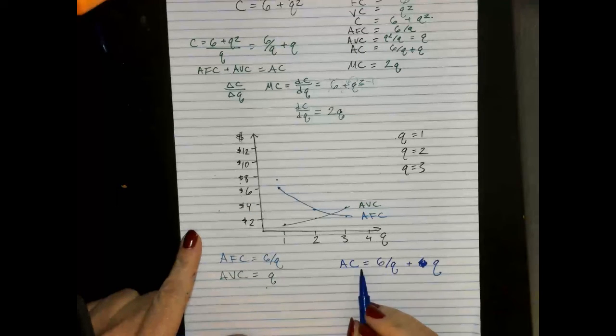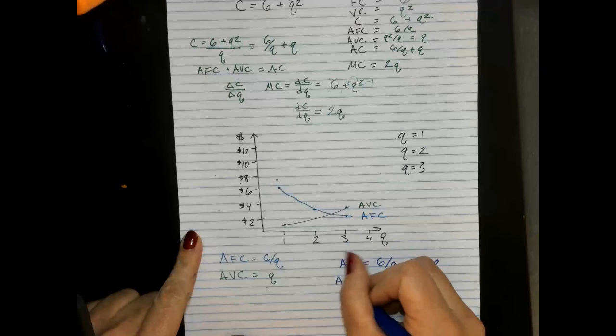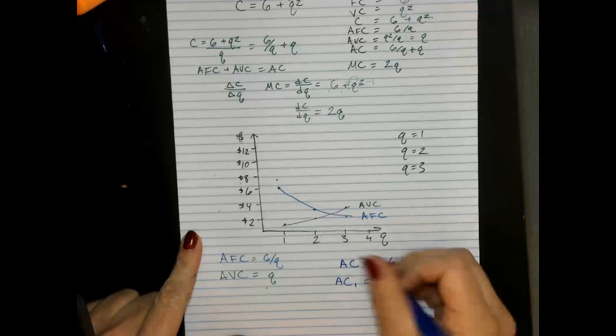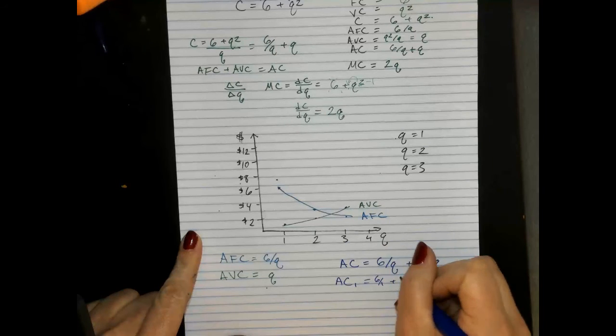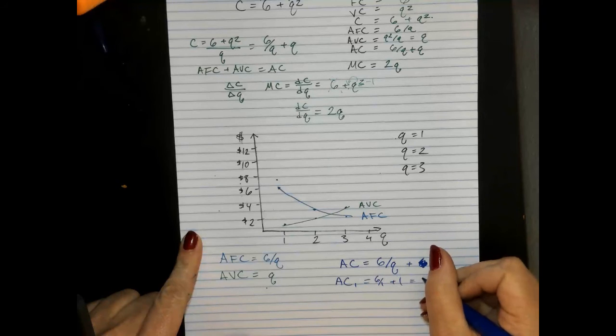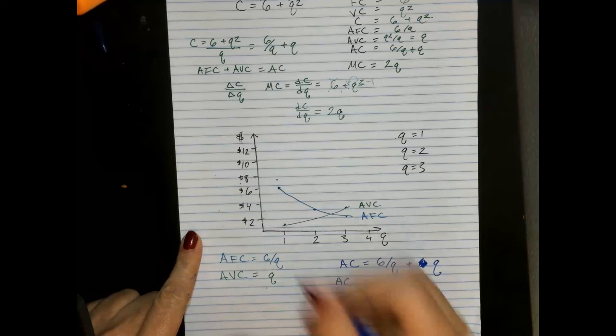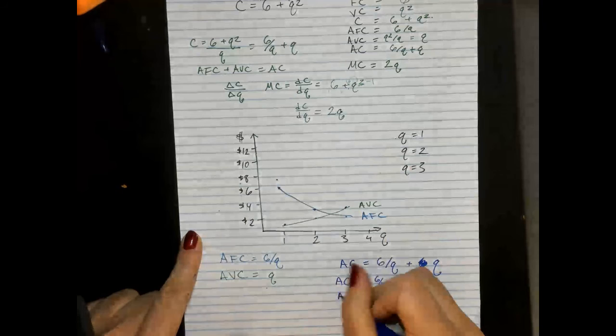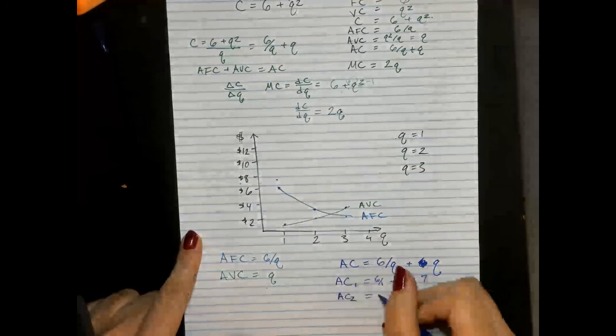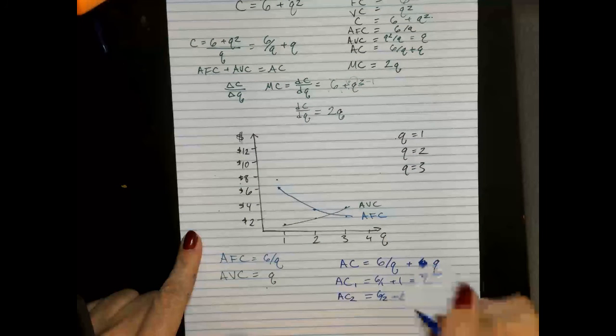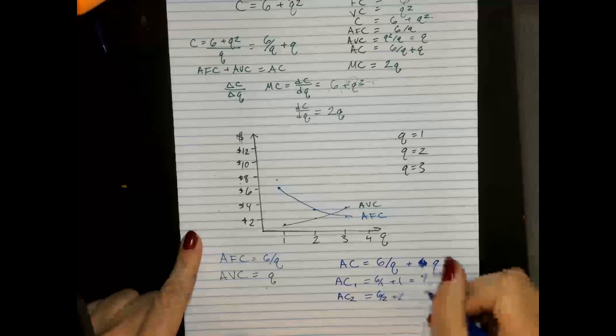So now we have average cost. Let's say average cost at a quantity of 1 is going to be 6 divided by 1 plus 1 is still that 7. I had it right, I just didn't say it right. Average cost at a quantity of 2 is going to be 6 divided by 2 plus 2, which is 3 plus 2, 5.